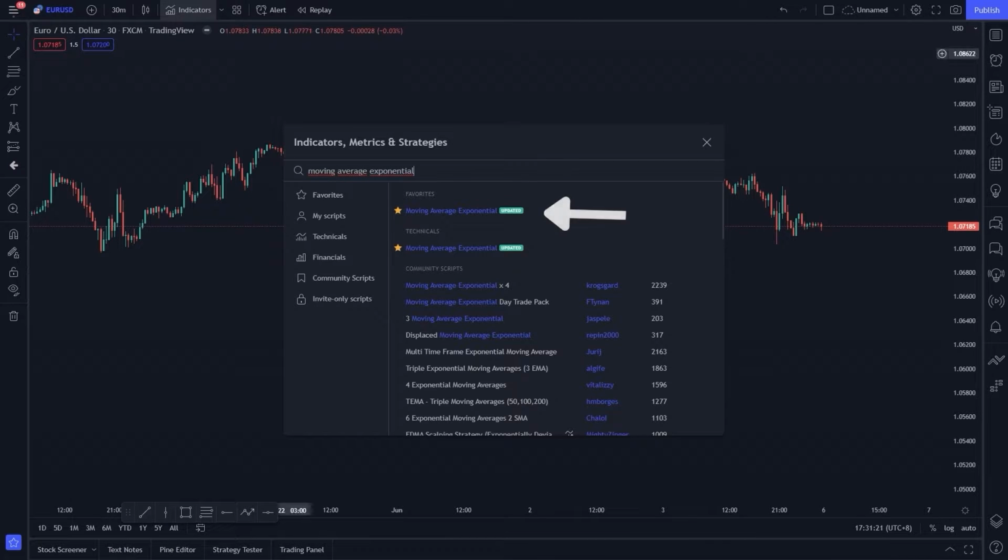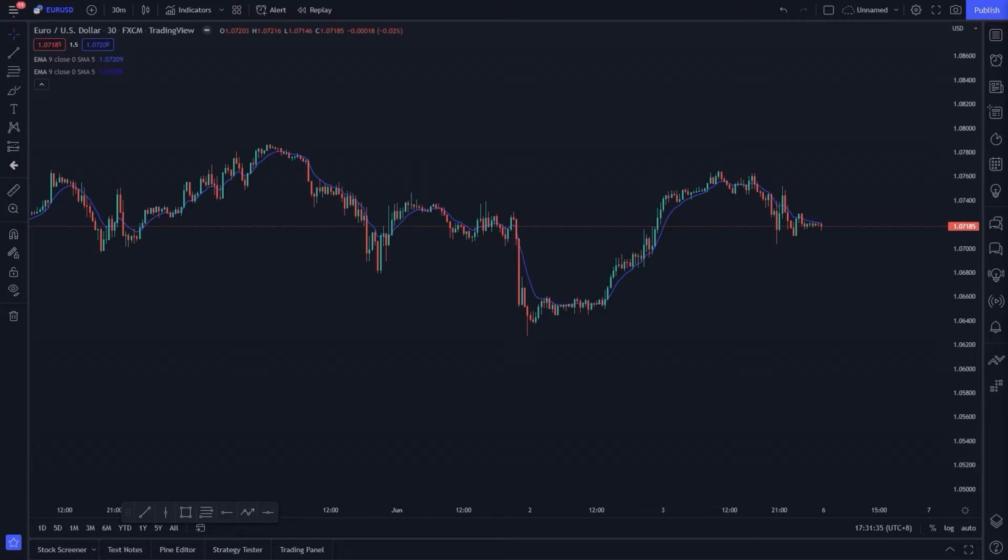Click the indicator twice, because we need 2 of this indicator. Change the input length to 50 and 200. Give it a different color.